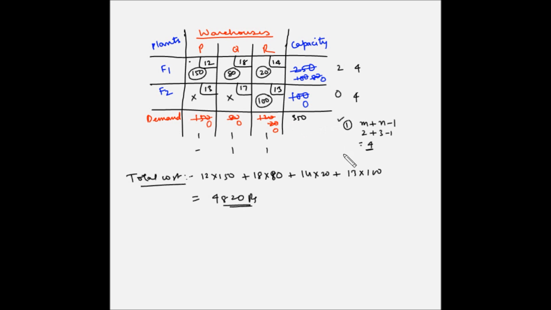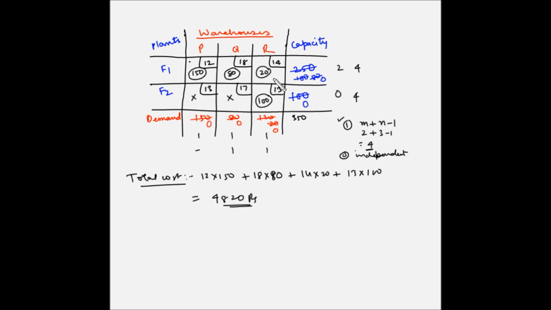Now the second condition is that these allocations should be in independent positions. Now we can check if the allocations are in independent positions by using a simple rule of thumb, which is that it is impossible to travel from any allocation back to itself by a series of horizontal and vertical jumps from one occupied cell to another without a direct reversal of the route.